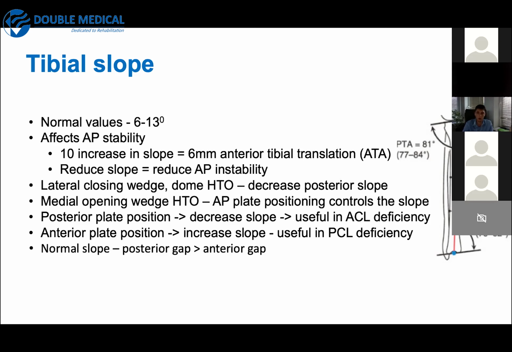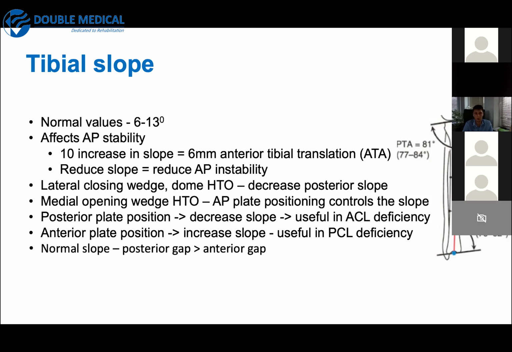If we have patients with anterior cruciate ligament deficiency, we can decrease the slope and we will improve the symptoms, we will improve the stability. In patients with posterior cruciate ligament deficiency, we can do the opposite. We can increase the slope and we can improve the stability.